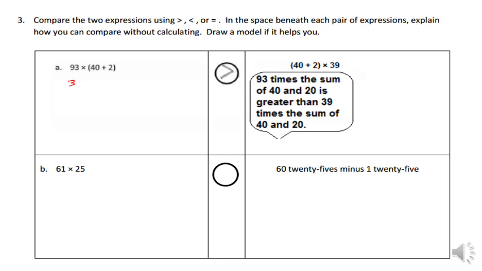So I can turn this and go 39 times 40 plus 20. And I can see right away that this 93 times is the larger product. So we know that 93 times the sum of 40 and 2 is going to be greater than 40 and 2 times 39.